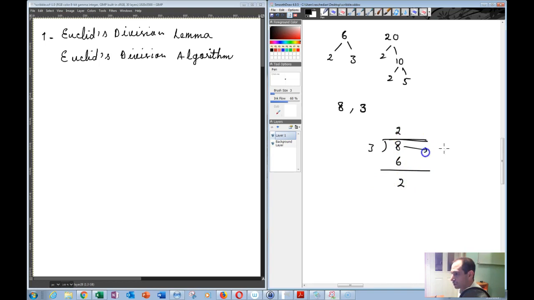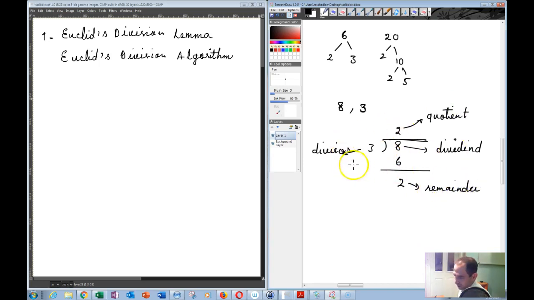And we call this, for example, the dividend, and we call this the divisor. Okay, and we call this the quotient, and we call this the remainder in a division.